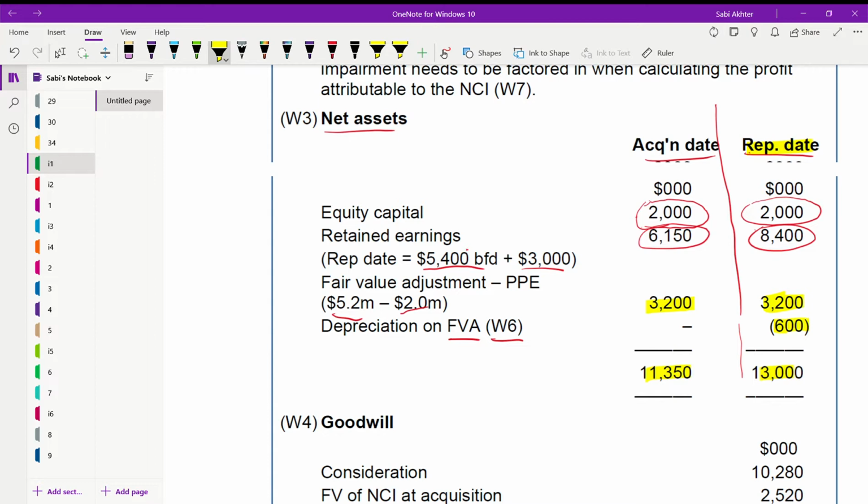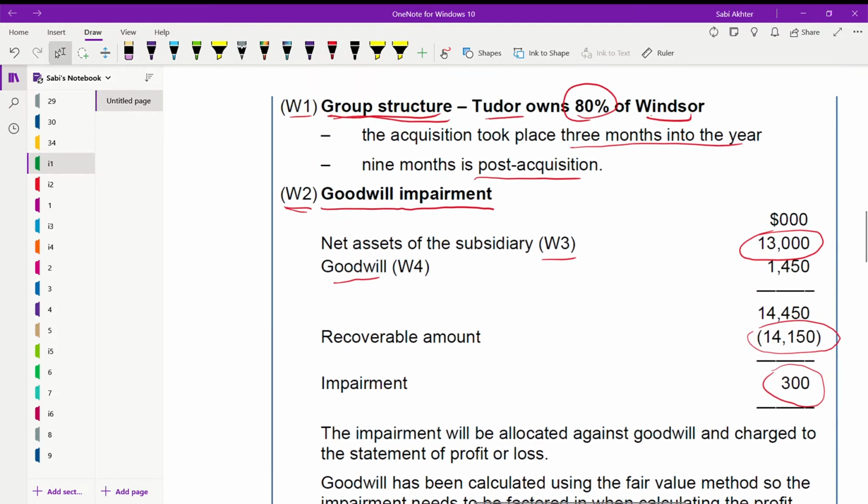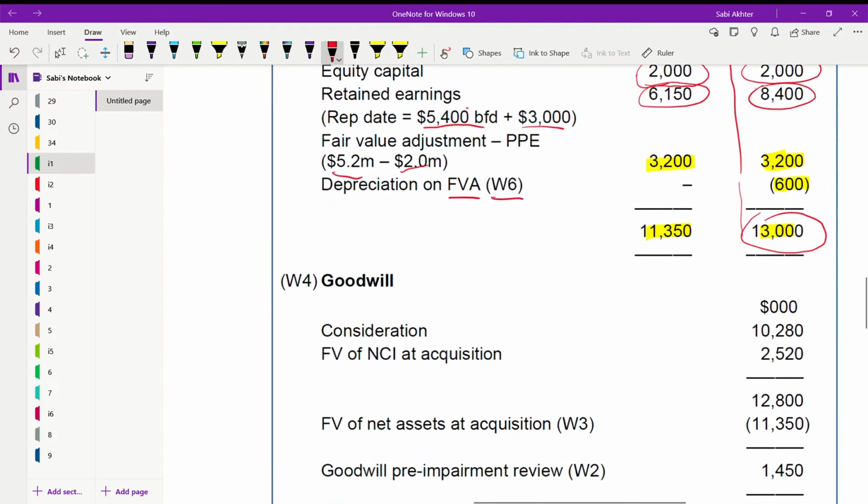you have to write. So which net asset do you have to take? You have to take the net asset at the reporting date, 13 million. Okay, for the goodwill impairment, 13 plus goodwill. Goodwill we have to calculate, and it's in working 4. So let us go to working 4.